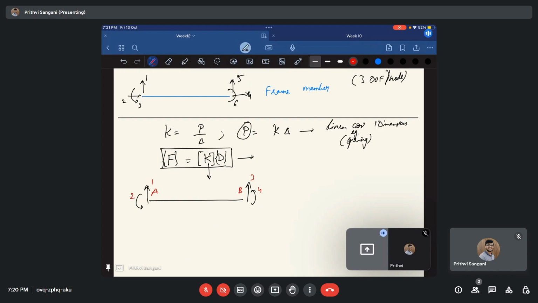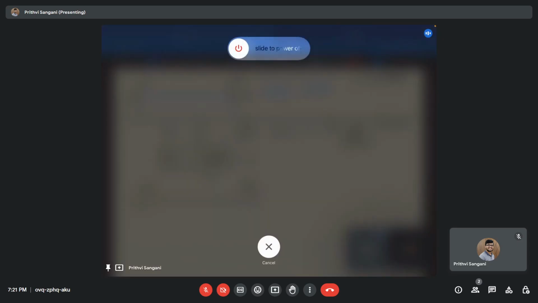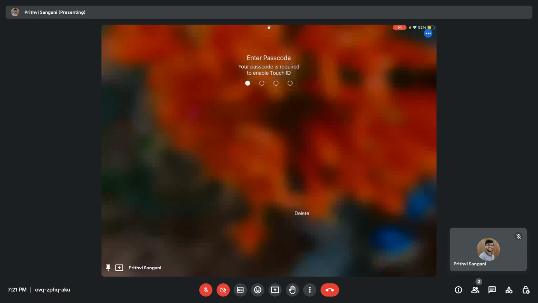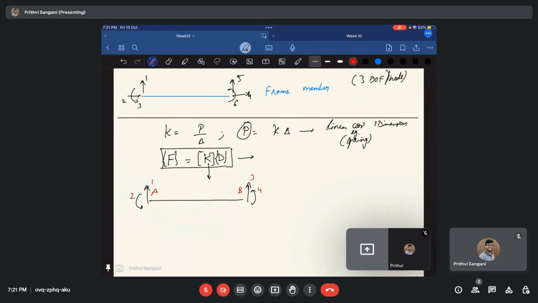So for the force, let us say I am having a displacement at each node, at a particular degree of freedom. What is it actually generating there? What is the force it is getting? What force is it generating because of that?